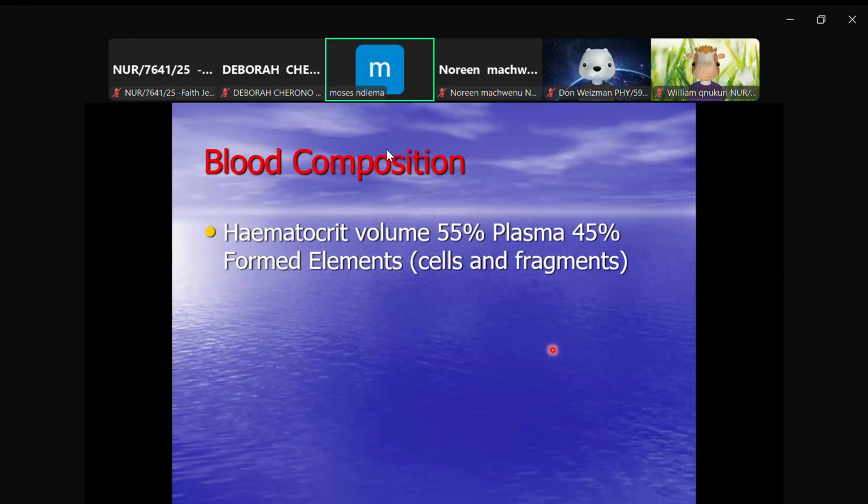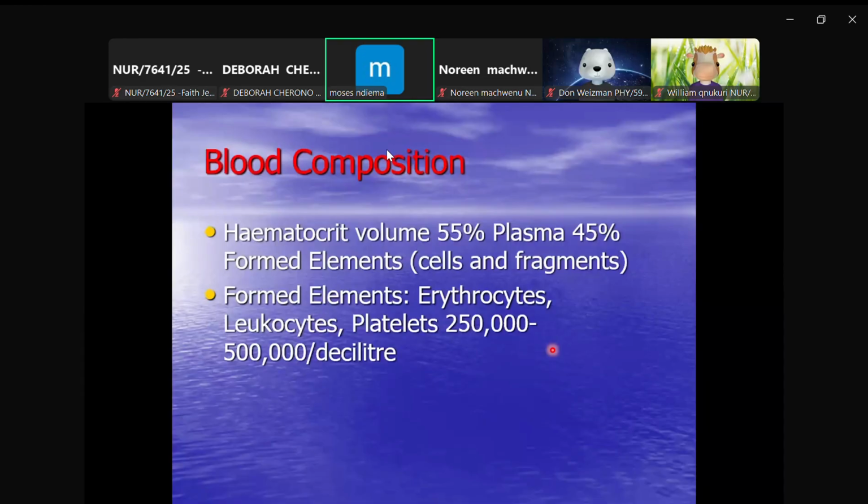In this case, we are talking about the platelets, which are not cells, but are fragments of megakaryocytes. So the formed elements are erythrocytes, leukocytes, which are white blood cells, and platelets, which are not cells, but fragments.